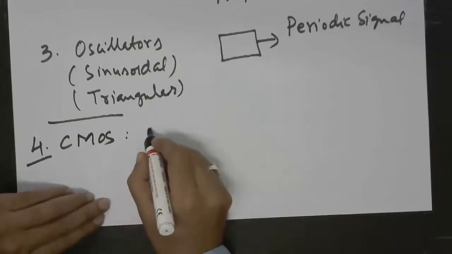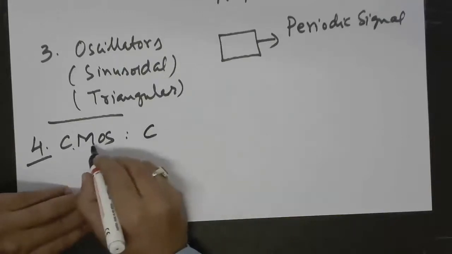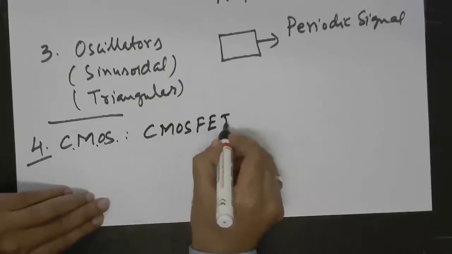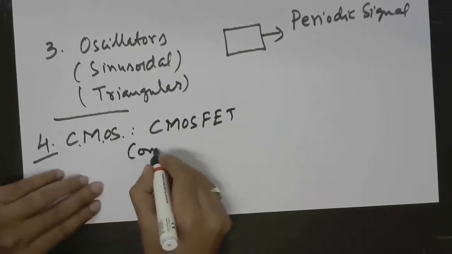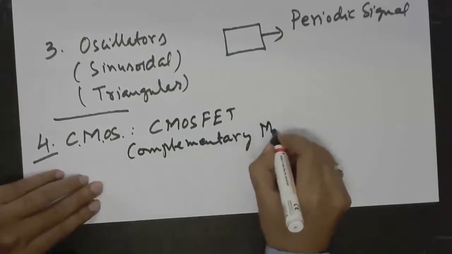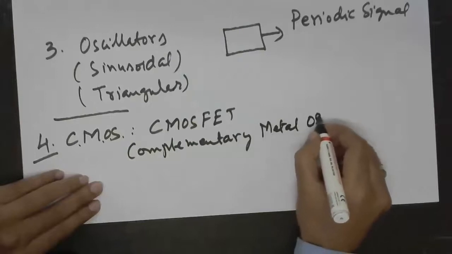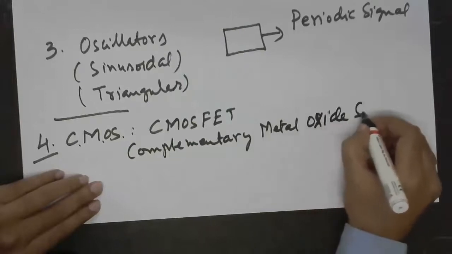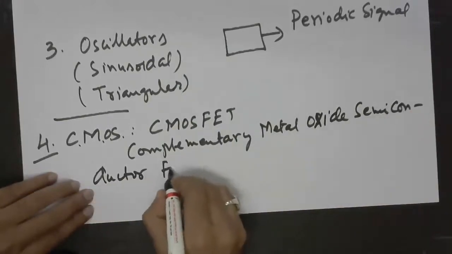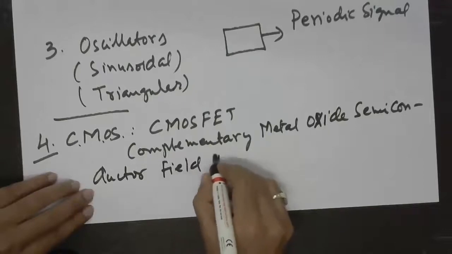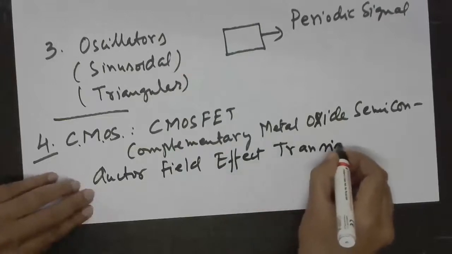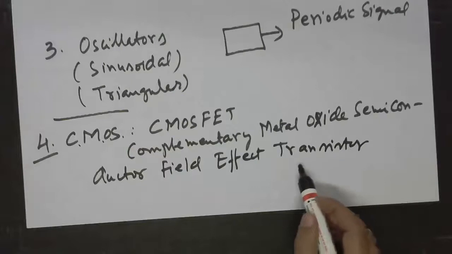And CMOS actually stands as an acronym for complementary metal oxide semiconductor field effect transistor. So this is also fundamentally a transistor.